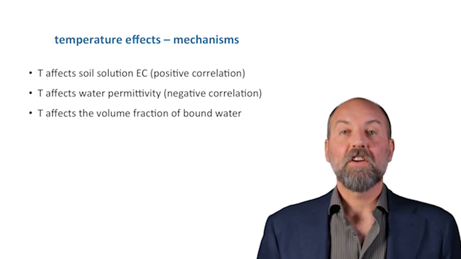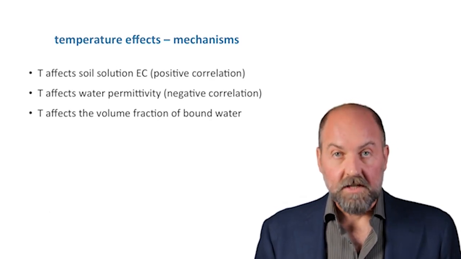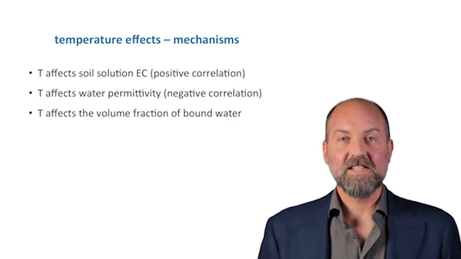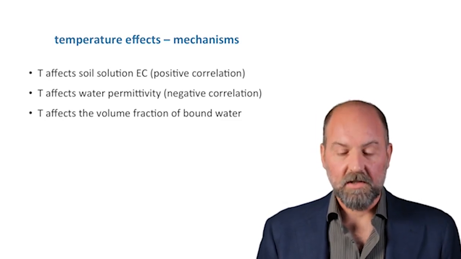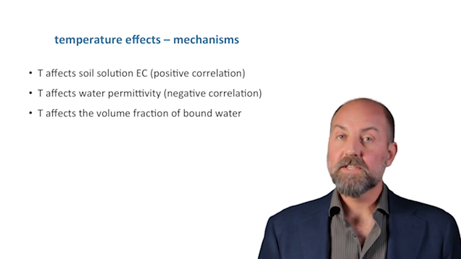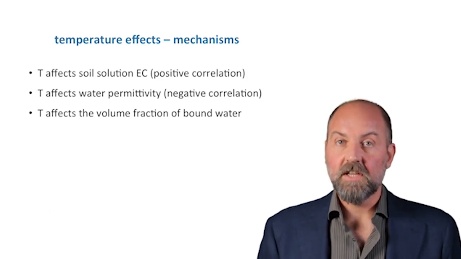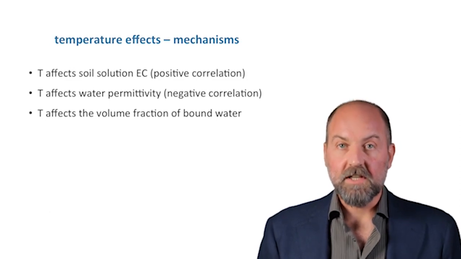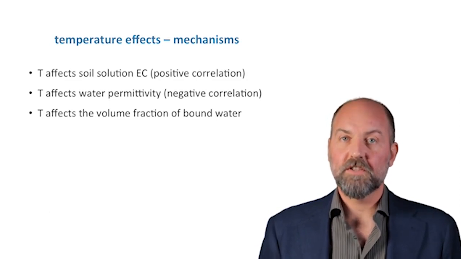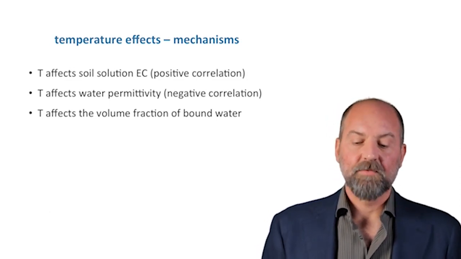Also, it affects the conductivity of the water phase, this time through a positive correlation. And this is important because the electrical conductivity will affect permittivity itself through the interfacial polarization phenomena.